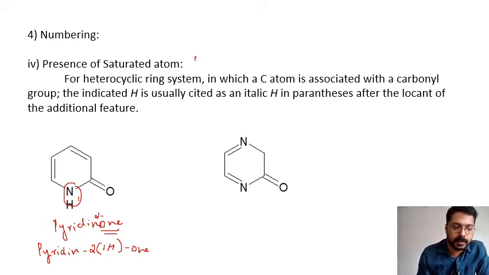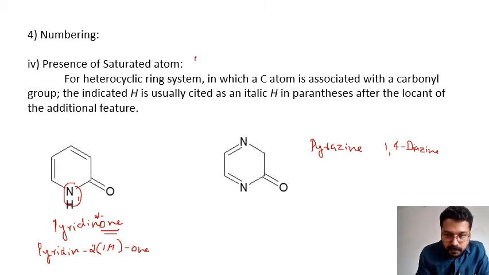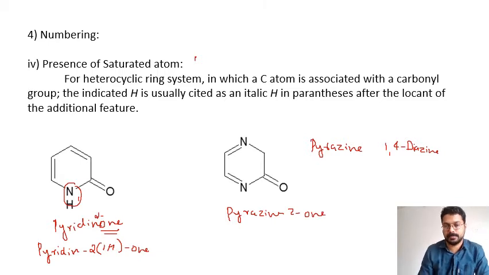Similarly, in this one, the compound is pyrazine, 1,4-diazine. The common name is pyrazine. So the name will be pyrazin-2-one. But you can see that the indicator hydrogen is at position 3.